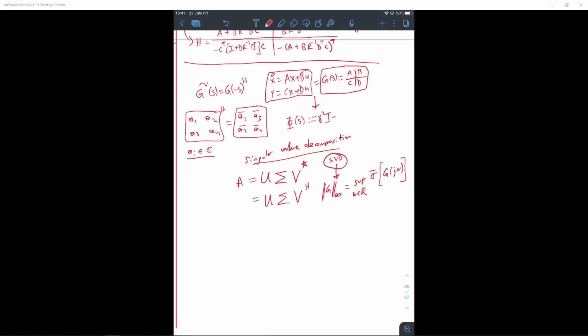To give you an example, let's say G of s is 1 over s plus 1, 1 over s plus 2, 1 over s plus 3, and 1 over s plus 5. Let's say it is a 2 inputs and 2 outputs MIMO transfer function.